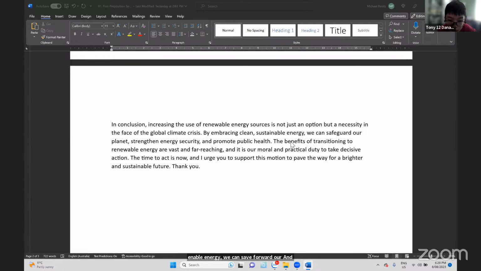The benefits of transitioning to renewable energy are vast and far-reaching, and it is our moral and practical duty to take decisive action. The time to act is now. I urge you to support this motion to pave the way for a brighter and sustainable future.